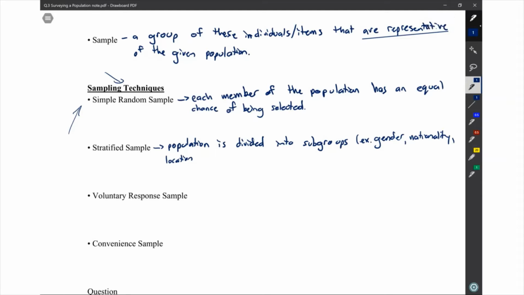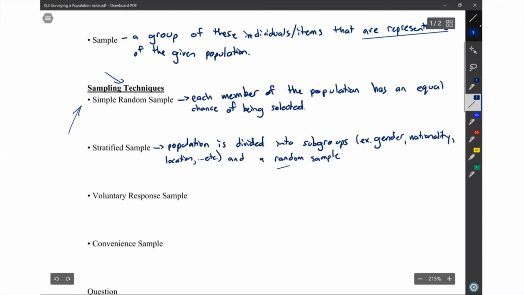Really, it's any way that you can group your population together, and usually you're looking at a way in which your study might depend on. So it's divided into subgroups and a random sample, just like above, is conducted on each subgroup.